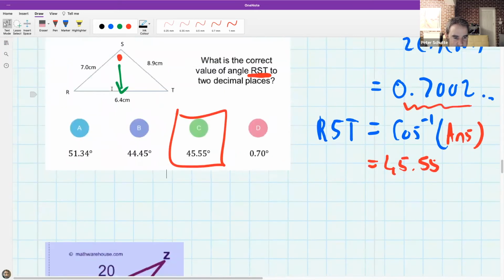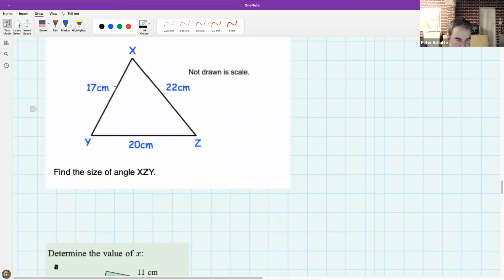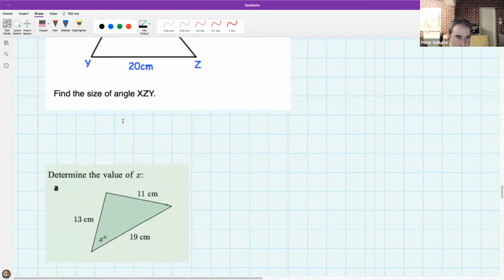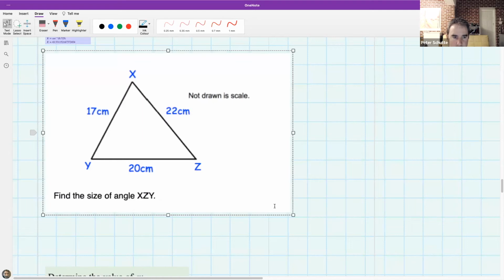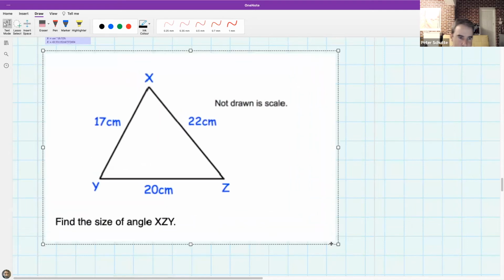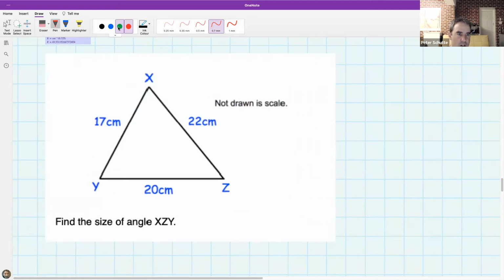And let's just see some different ways that we can do this. Okay, let's do this one. So you have to find for me angle XZY. Why is my brain taking so long to catch up? Okay, this one over here. Find that angle. I want you to fly solo now. So first step, you know what to do. Second step, you know what to do. Third step, you should have an answer.